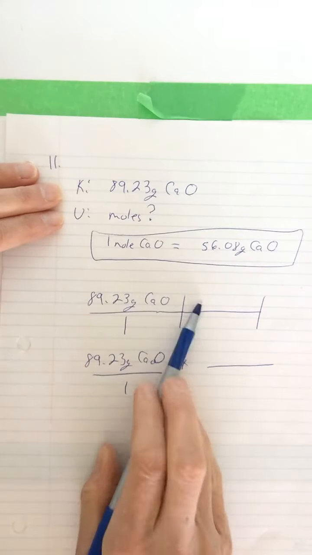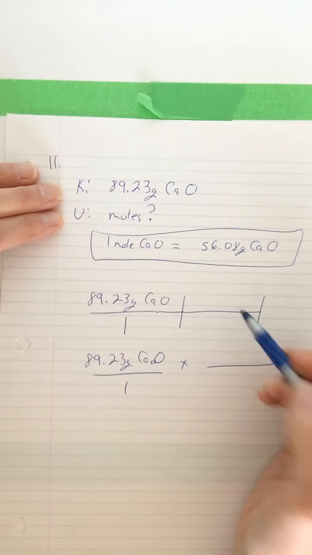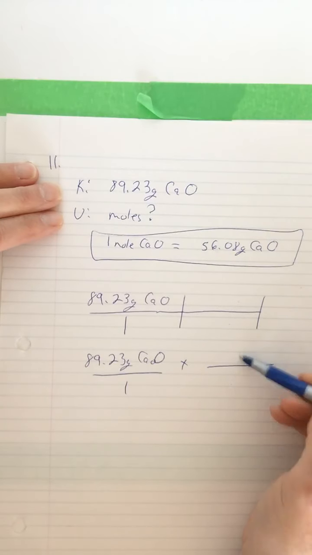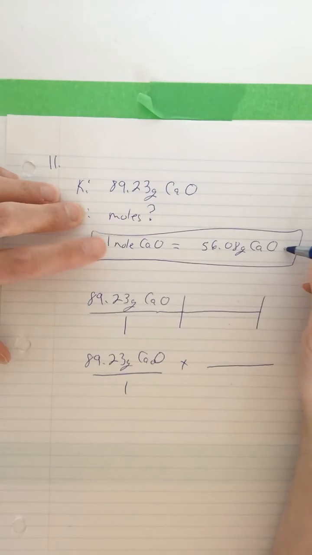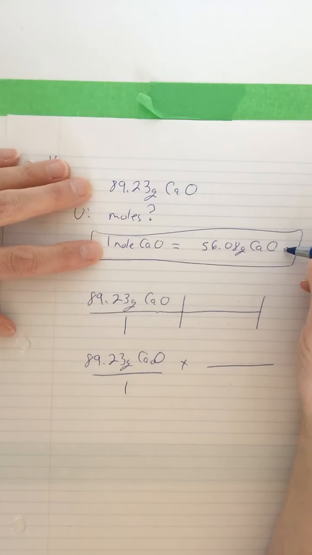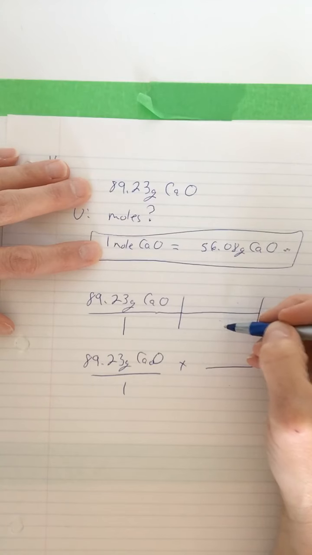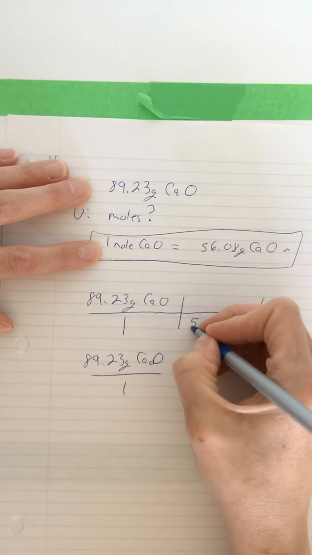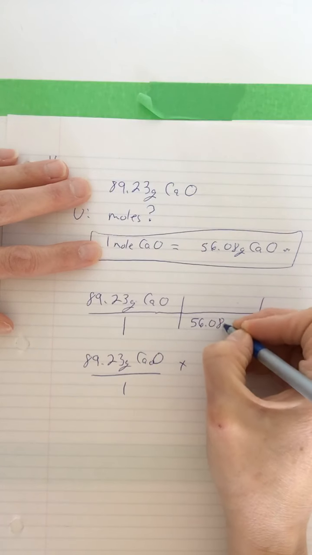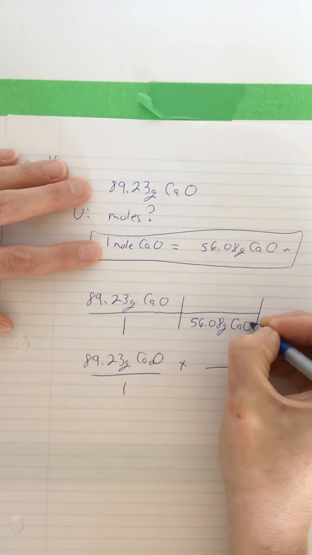You always put it over 1. This means the same thing. So what goes on the bottom bunk, what goes on the top? How do I know what to do? I use this conversion factor right here, and I say, okay, grams of CaO, I need that on the bottom because I need to cancel it out. So I say 56.08 grams of CaO.